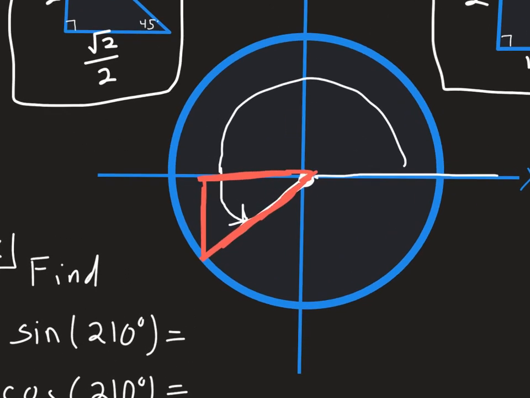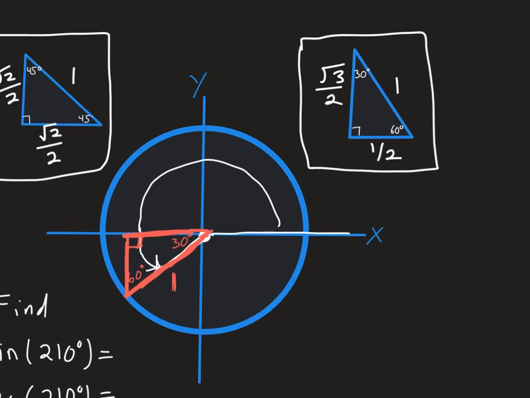That means that this is 30 degrees, and then this is 60 degrees, and of course our vertical and horizontal is going to be 90 degrees. Okay, so if this is a unit circle, then my hypotenuse is going to be 1. And now I can go ahead and use my 30, 60, 90 cheat sheet over here and say, well, what did we know? The side across from 30 is going to be 1/2.